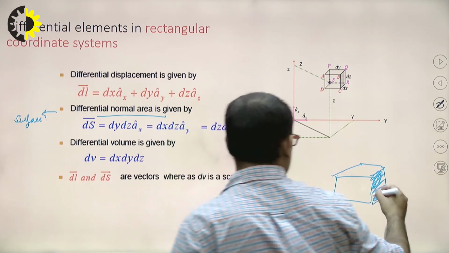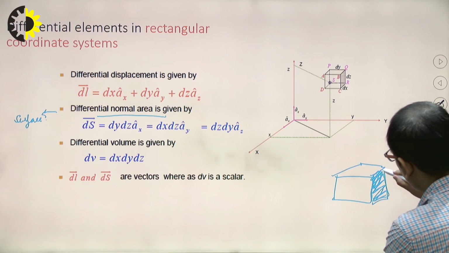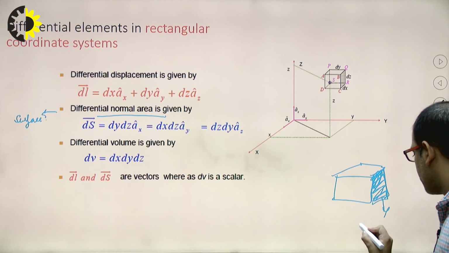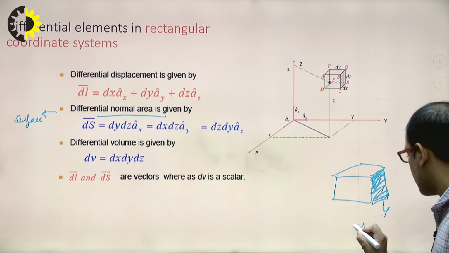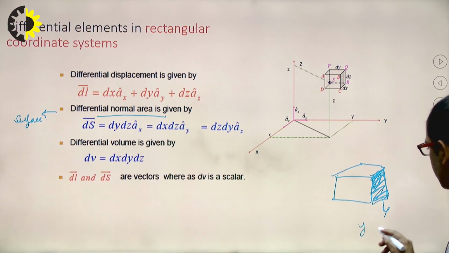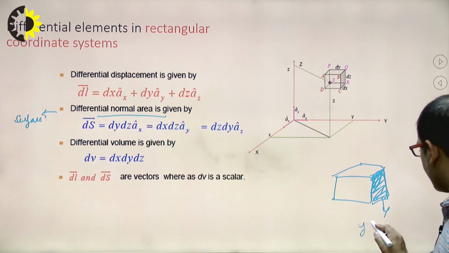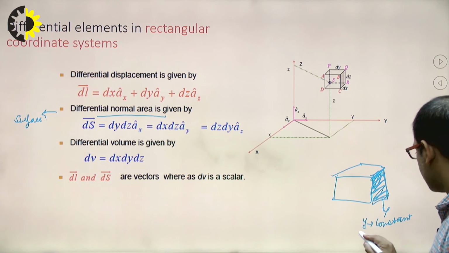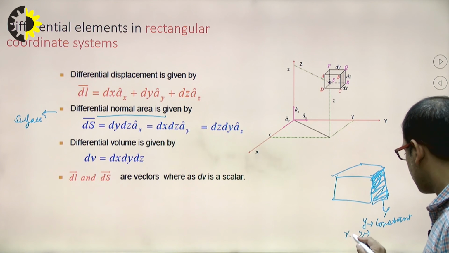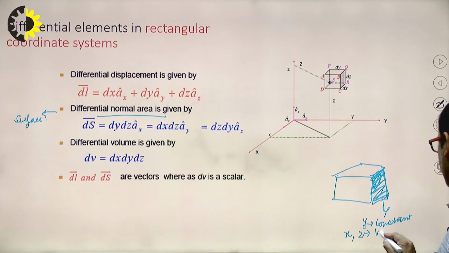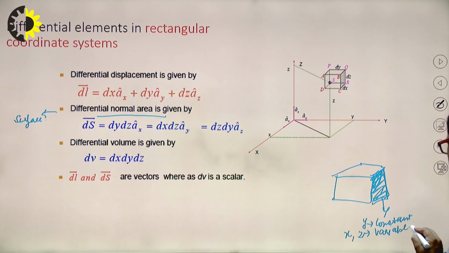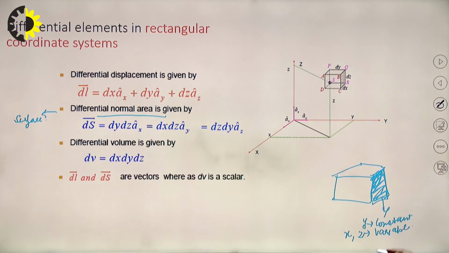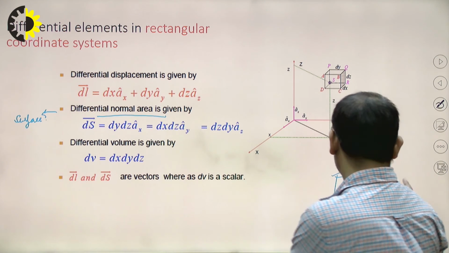Now for this plane you will see that y is constant, and z and x are the variables. When y is constant, x and z are the variables.